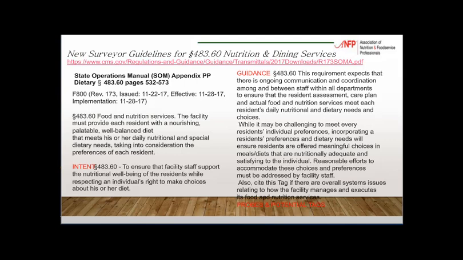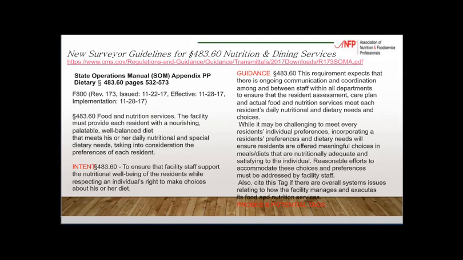What I have done, and have my own desk copy, is I just went in there and pulled out F483.60, just the food and nutrition services section of it. And I've listed on here, when we start with F800, that's the start of the food and nutrition service tags. It is actually on pages 532 to 573.